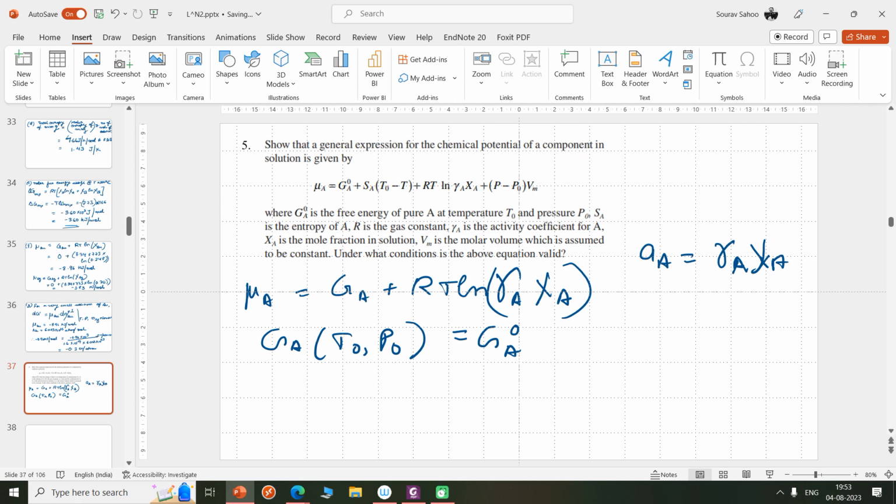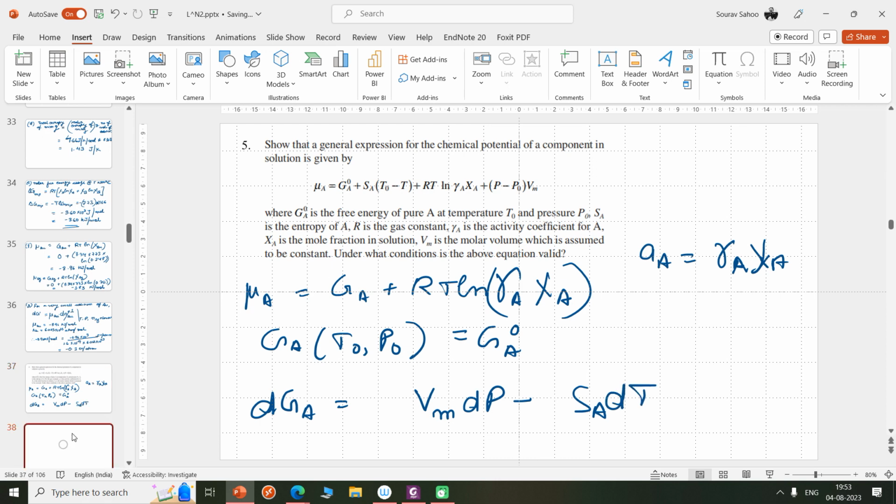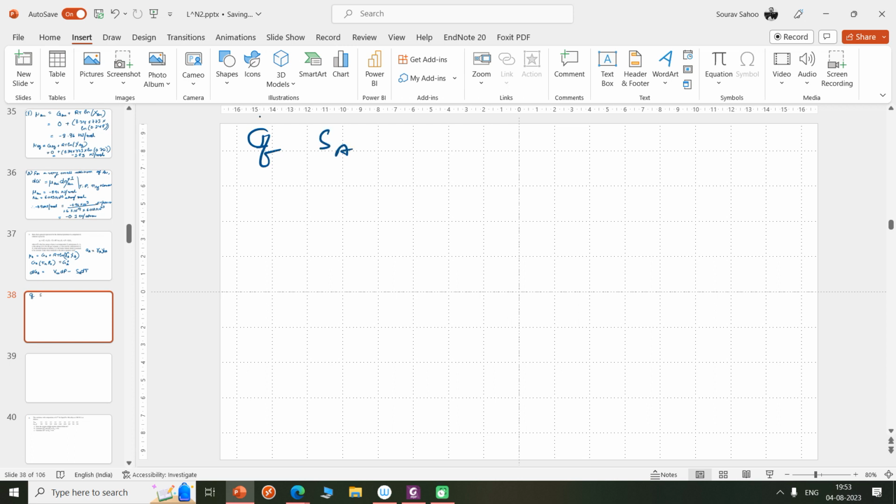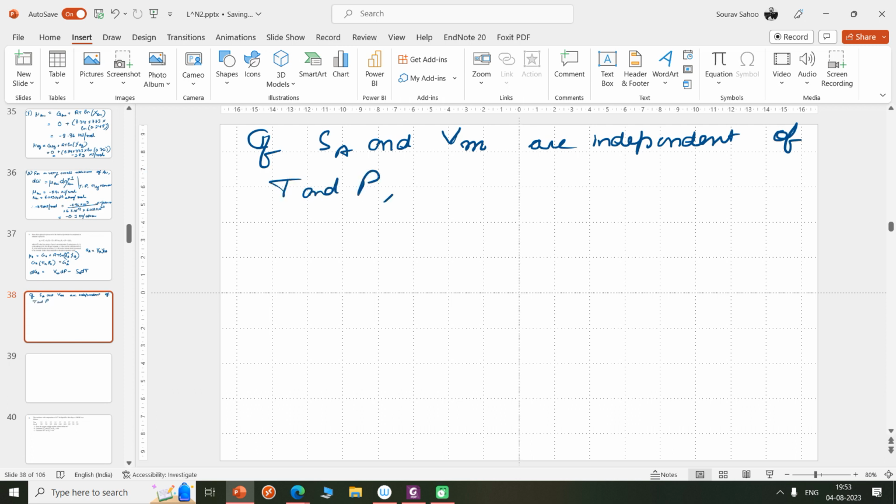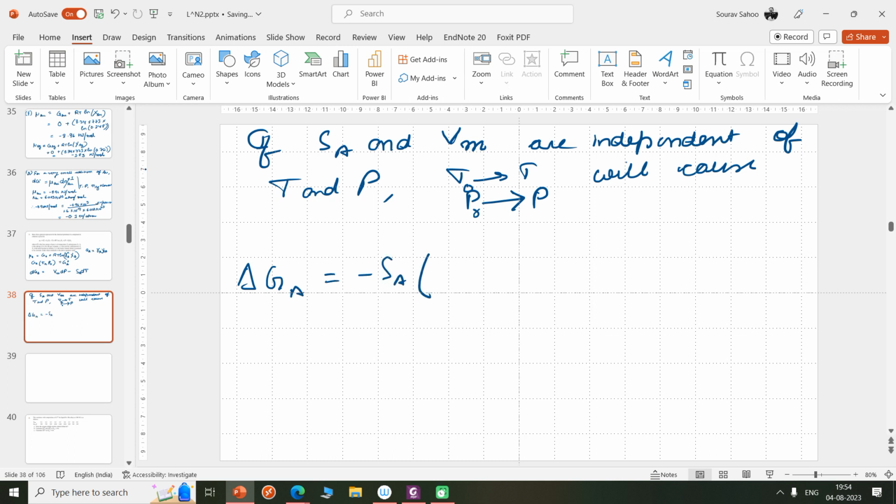And we also know that for 1 mole of A, dG A is Vm dP minus S A dT. So if S A and Vm are independent of temperature and pressure, the change in temperature from T0 to T and change in pressure from P0 to P will cause a change of G A as delta G A equal to minus S A times (T minus T0) plus Vm times (P minus P0), where final temperature is T, initial is T0, final pressure is P, initial is P0.